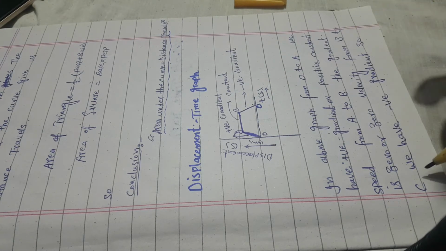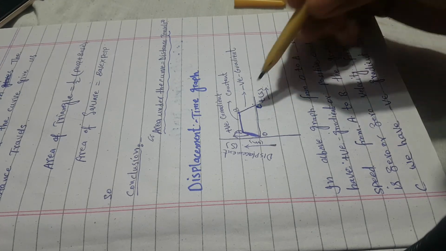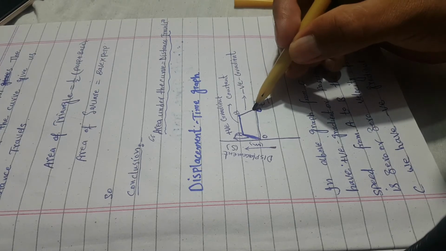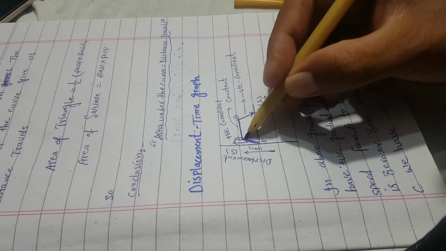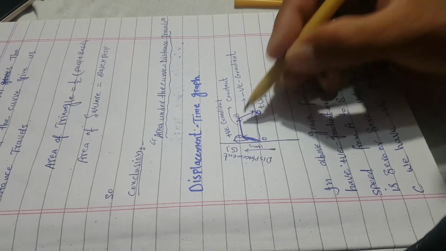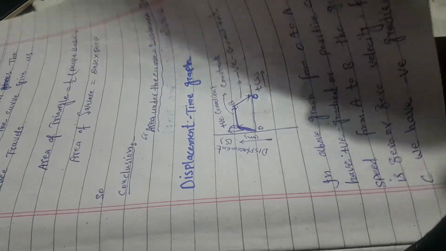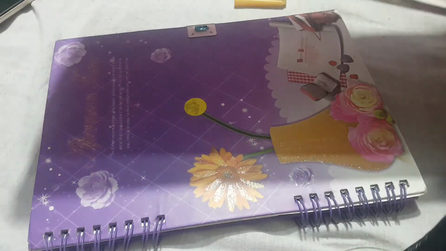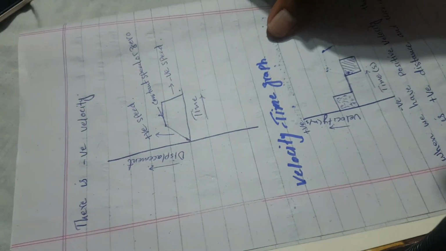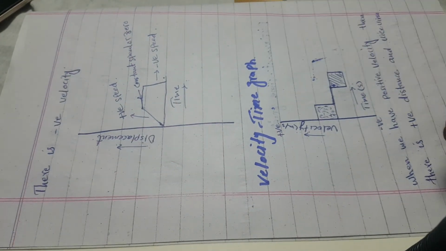From B to C we have a negative gradient, or a negative velocity.